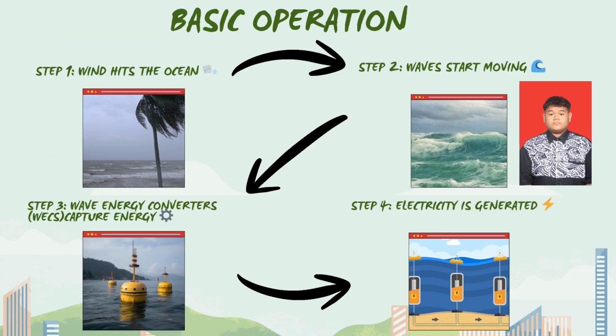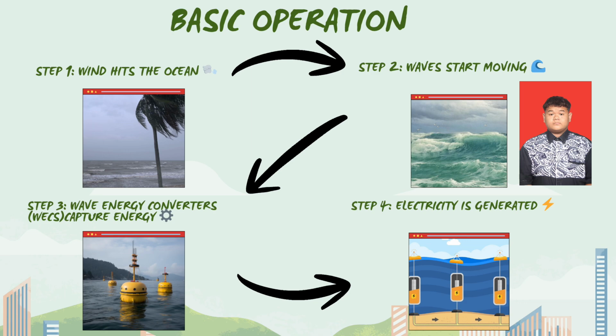To understand how we harness the power of the ocean, let's look at the basic operation of the wave energy converter. For step 1 and 2, it begins when wind travels across the ocean surface, creating kinetic energy in the form of moving waves. Step 3, these waves interact with specialized machines, in this case, point absorber buoys, which capture that physical motion.